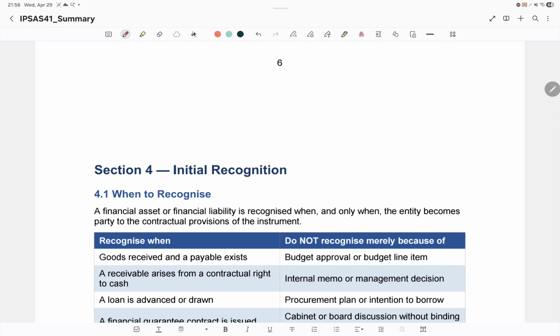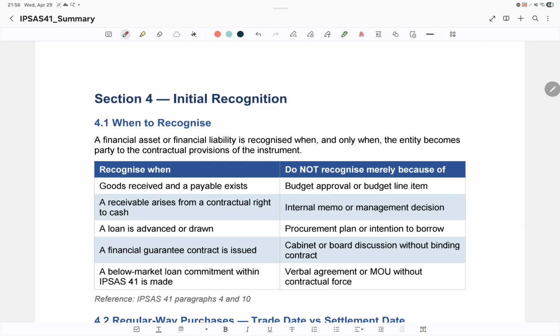Initial recognition: how do we recognize initially? A financial asset and a financial liability is recognized when and only when the entity becomes party to the contractual provisions of the instrument. If the entity is not party to that contract, then it won't recognize. But if it is party, then it will recognize.